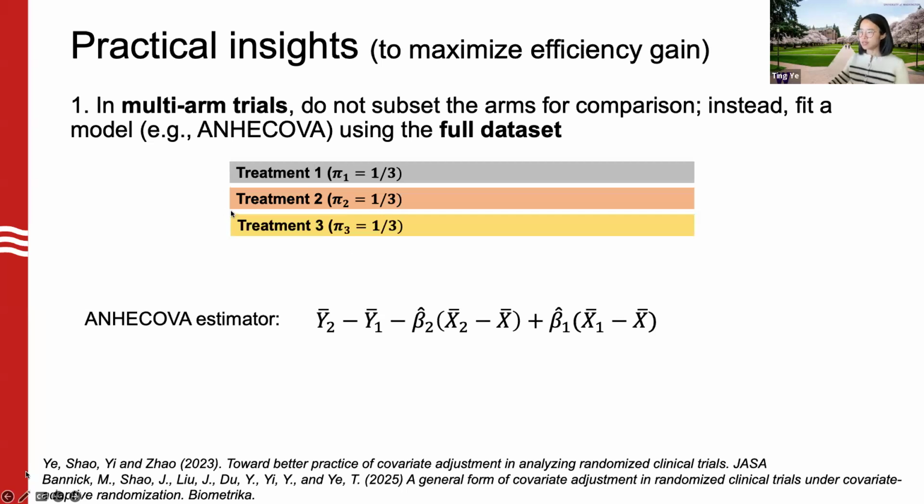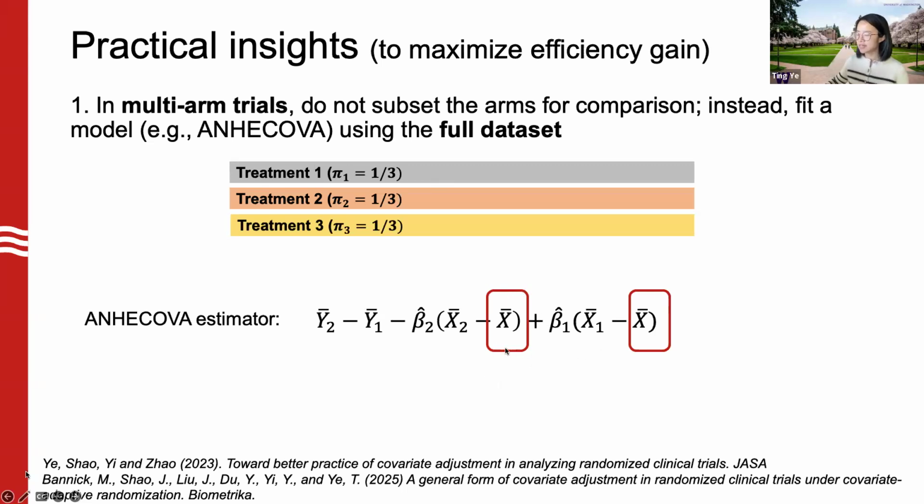So here is an example. If we are interested in arm 2 and arm 1 comparison, but this is a 3-arm trial, then from the ANY-COVA estimator, this is what we obtain from this linear adjustment. We can see that if we consider the model using 3 arms, then using 3 arms gives us a more precise estimator of the overall covariate mean.